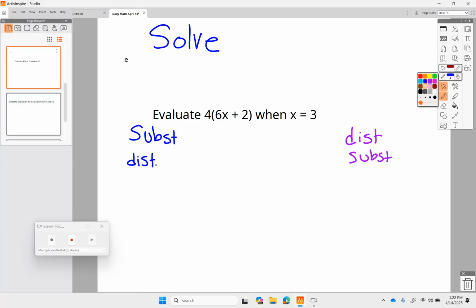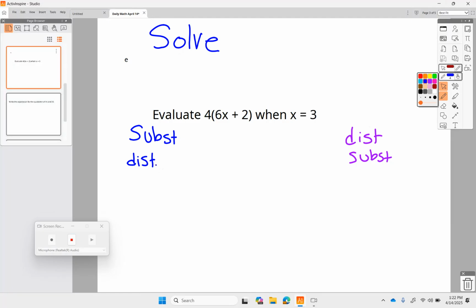I'm going to go through both to show you what she meant, although it is probably easier to substitute and then distribute. We're substituting because we have a letter, and they've told me that letter is worth 3. That's what I'm substituting.